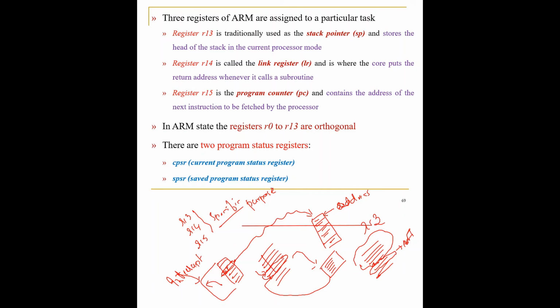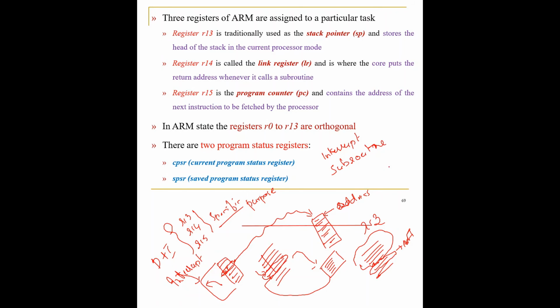Suppose you are not using it as a stack pointer, link register or program counter, I can store my data and instructions in R13, R14 and R15. But as far as possible, I will not be using R13, R14 and R15 as general purpose, only as specific purpose, because you are not sure when you are going to get an interrupt. You do not know when your program has to jump to a subroutine.